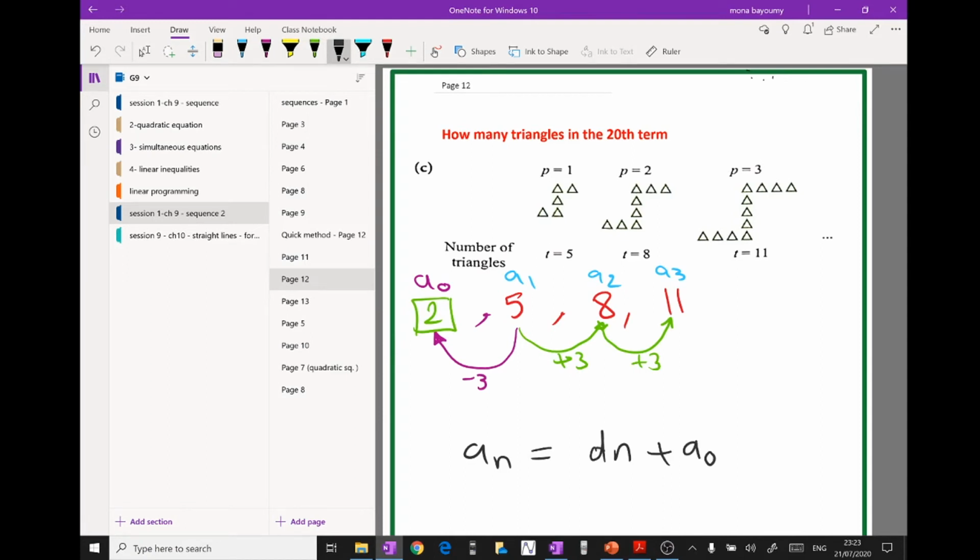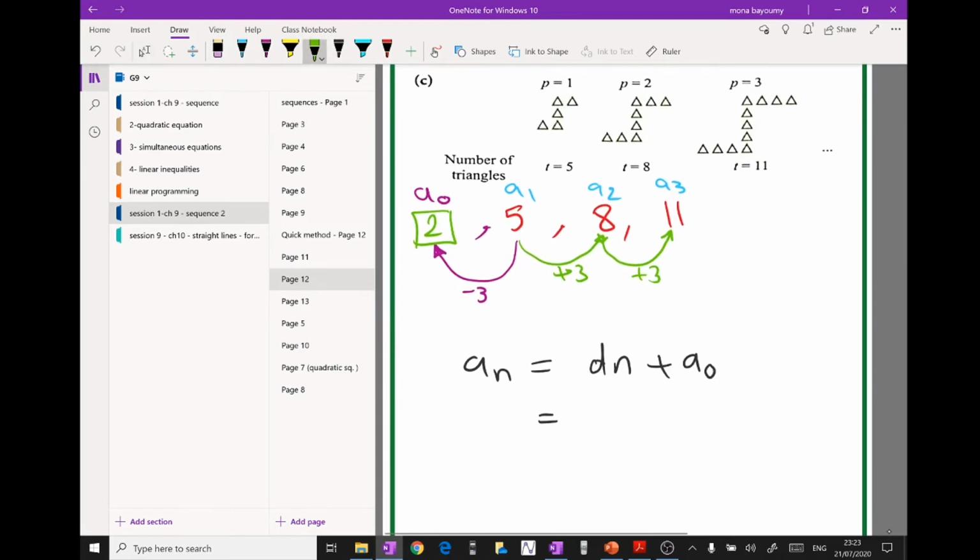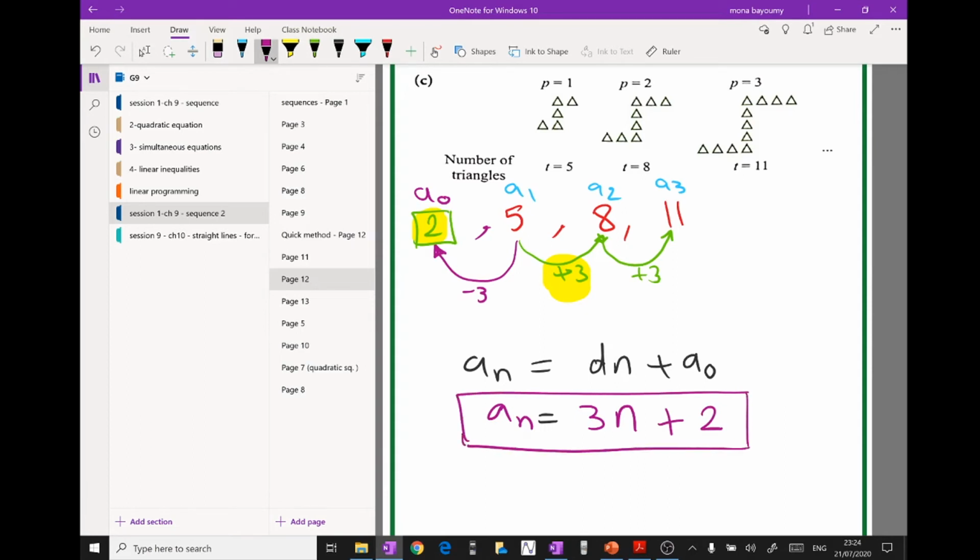D is equal to 3, a0 is 2. So an equals 3n plus 2. Again, if you want to check your answer, you have to substitute n by 1, by 2, by 3 to be sure that your answer is right.